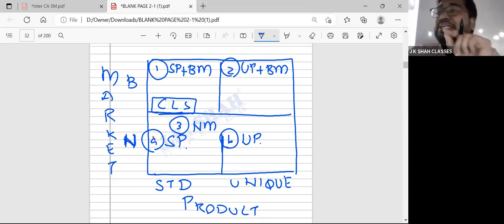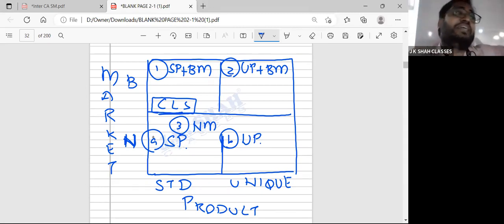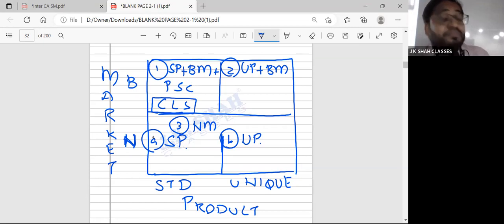Cost leadership strategy is a situation where an organization makes standardized product. What they make? Broad market. Standardized product means products which are similar to your competitors in a large market you are selling, and the customer here is like me, stingy and miser, price sensitive.